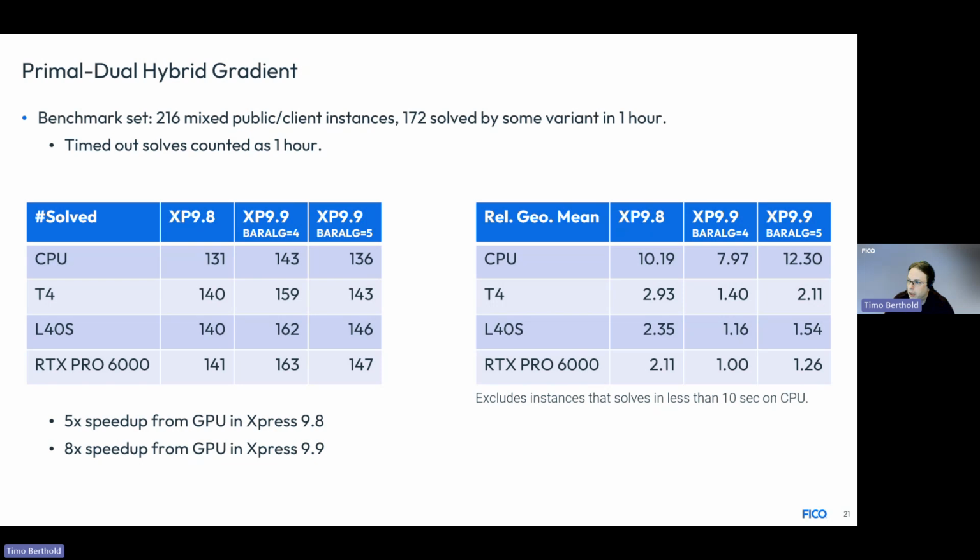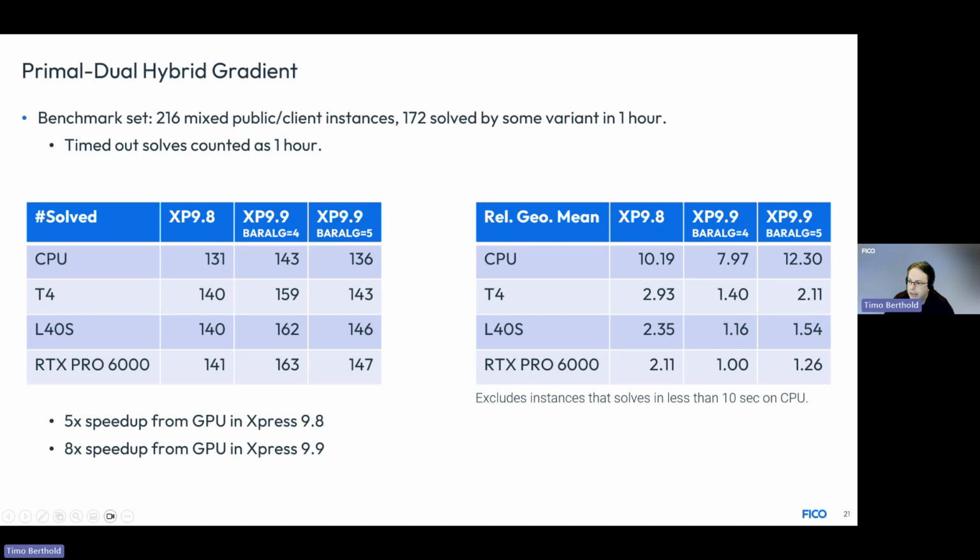They are based on an internal benchmark set. That's a mixture of some public benchmarks, those you would typically see for PDHG comparisons, along with instances from clients and a selection of other internal instances. In total, we have 216 instances, out of which 172 can be solved by at least one of the two PDHG variants.